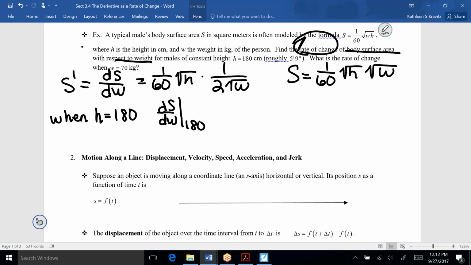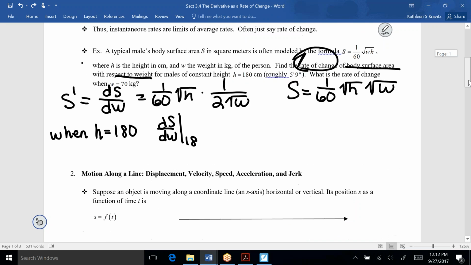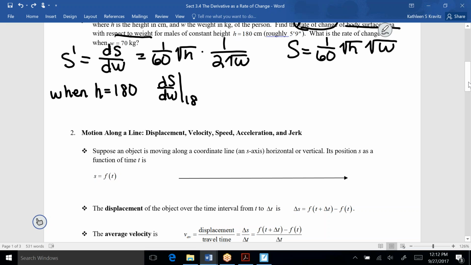I should write that h is 180 for this. So we're evaluating when h specifically is 180.